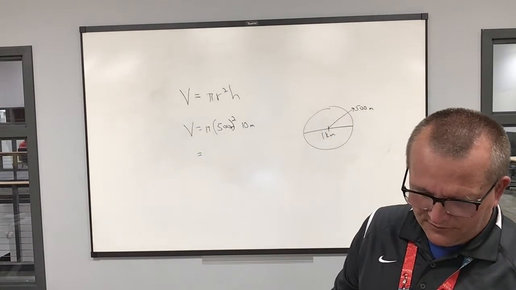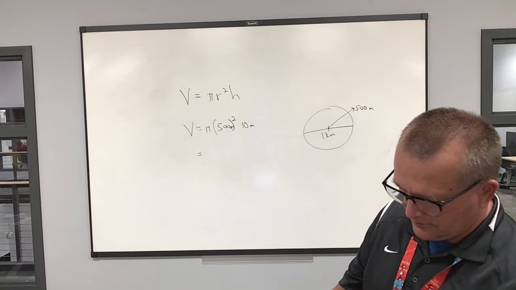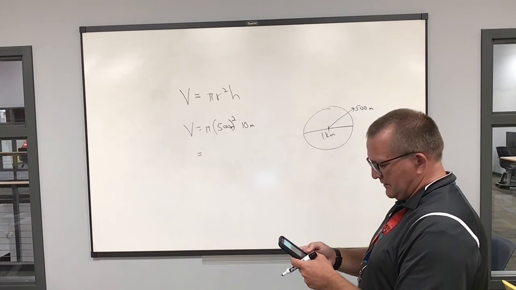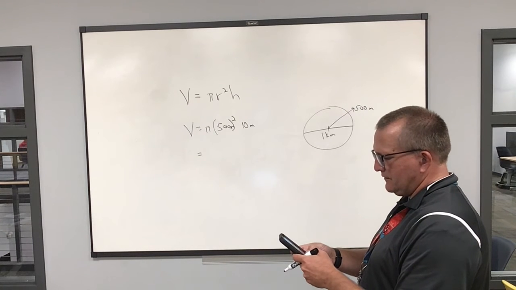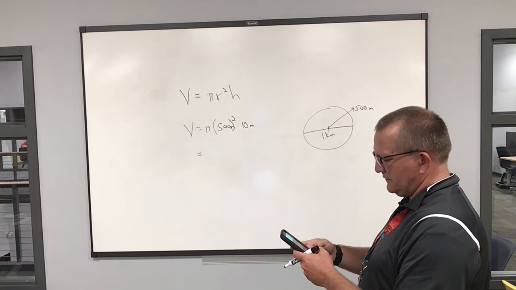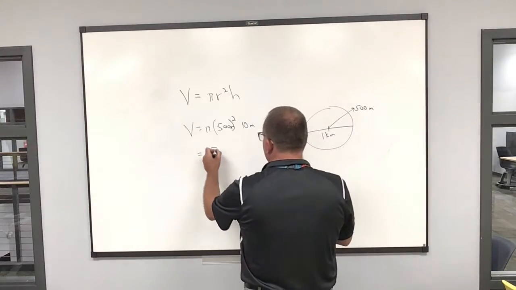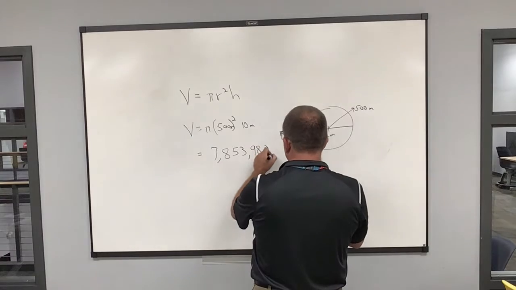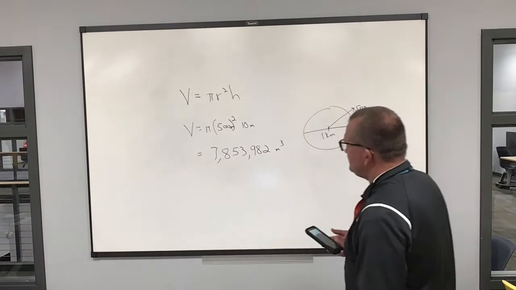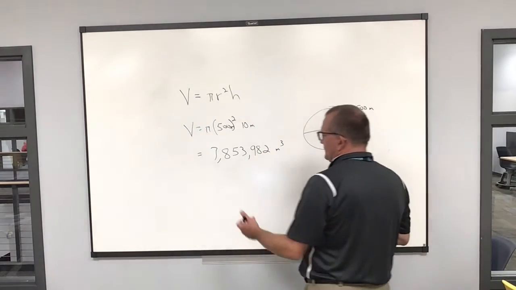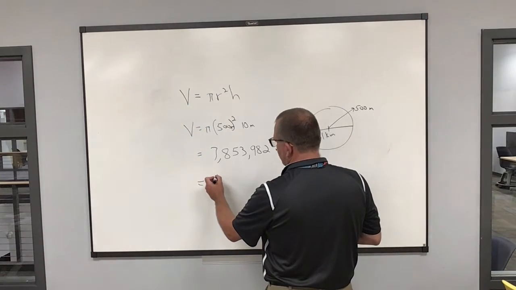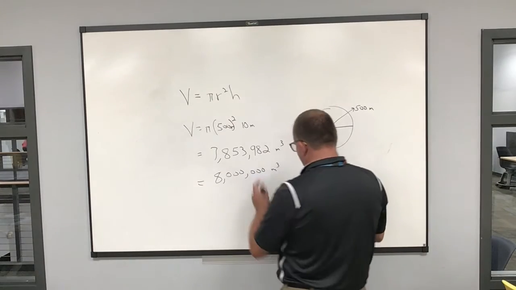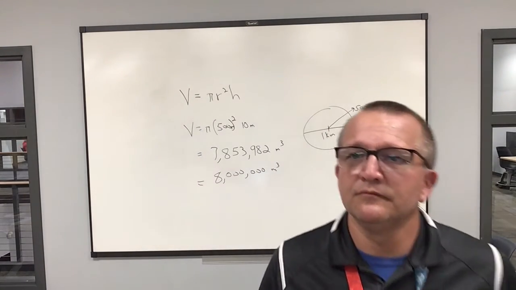So my calculation is pi times 500 squared times 10, and I get 7,853,982 meters cubed. With this information, you want about 2, maybe 1 sig fig, so we'll just say 8 million cubic meters. And that'll be our volume.